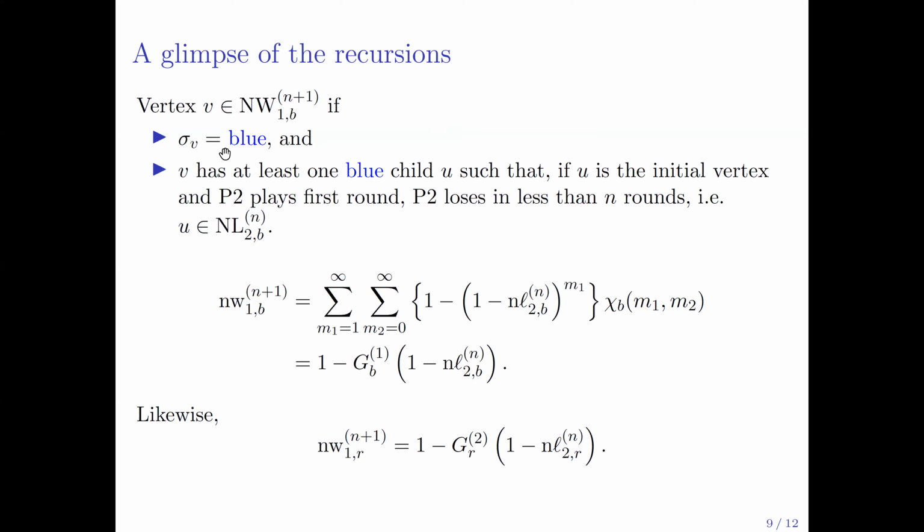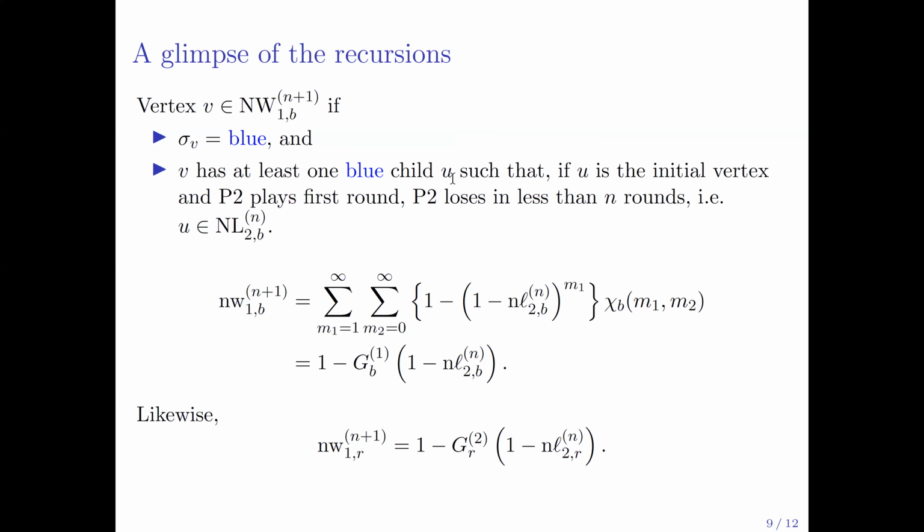Once again, P1, who plays the first round here, is able to move the token from V to a blue child of V, let's call it U. Blue because monochromatic is the only kind of edges she's allowed to move the token along.